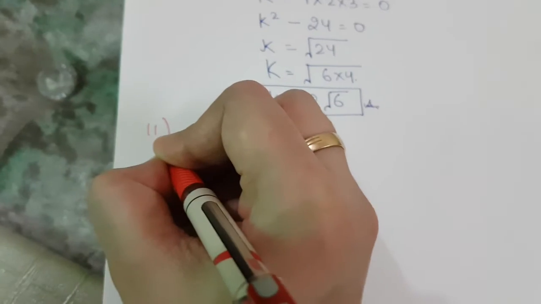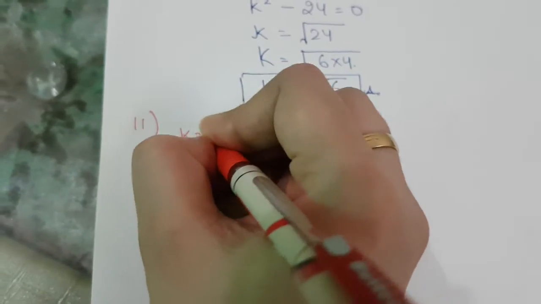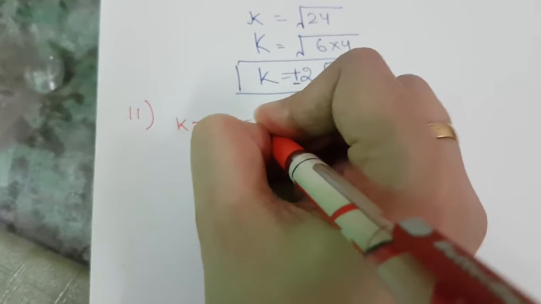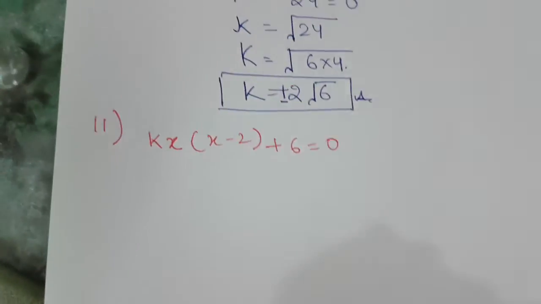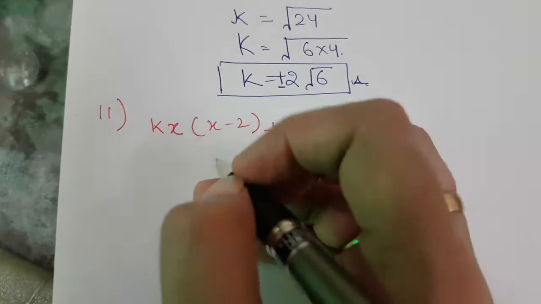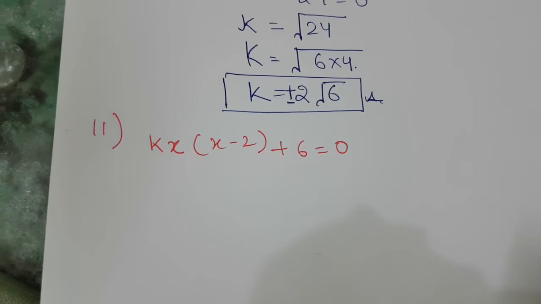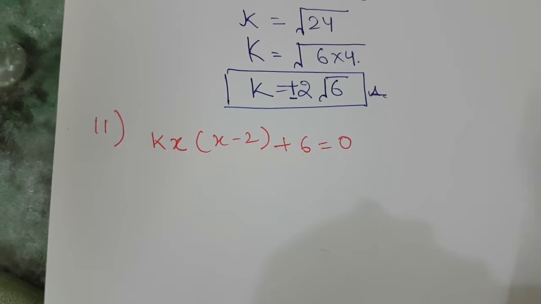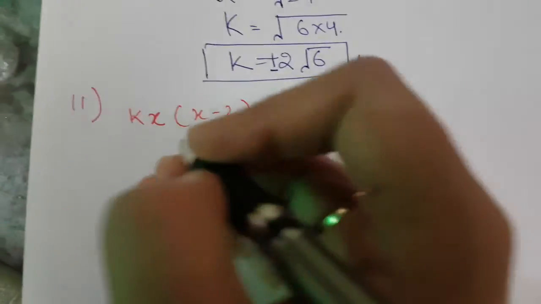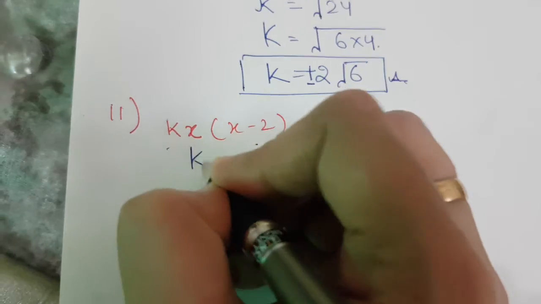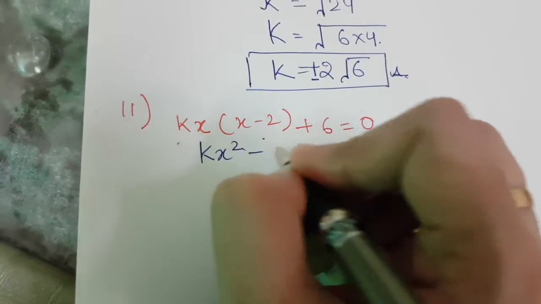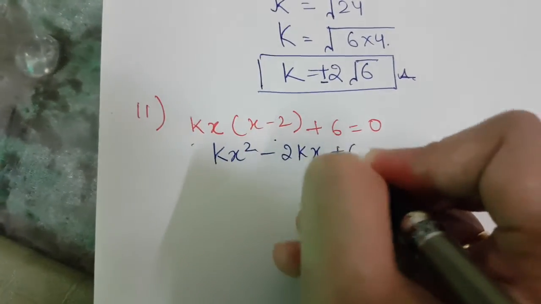In the second part, the equation is kx into x minus 2 plus 6 equal to 0. So before applying, this is also an equation where the nature of root is the same, equal and real, but first you solve this equation. Kx into x, kx square minus 2kx plus 6 equal to 0.